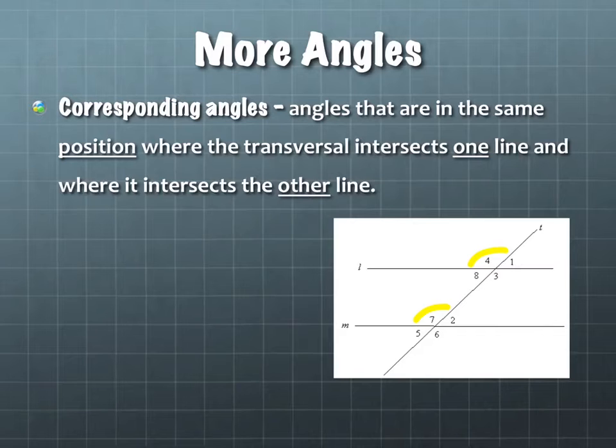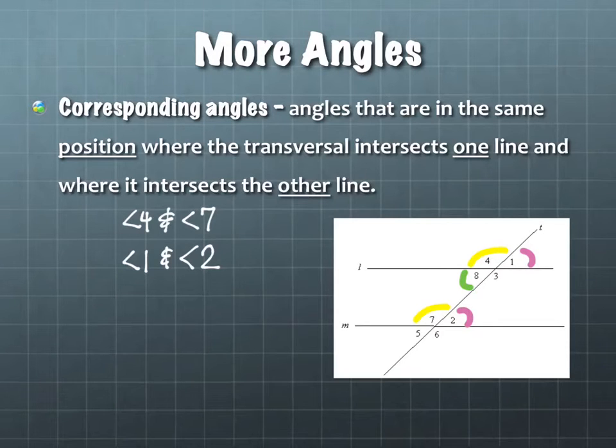So we would say that angles 4 and 7 are corresponding angles. And we can do that with all the pairs in all the locations. So how about the top right, angle 1? Well, it'll correspond to angle 2. So angle 1 and angle 2 have that same corresponding angles relationship.